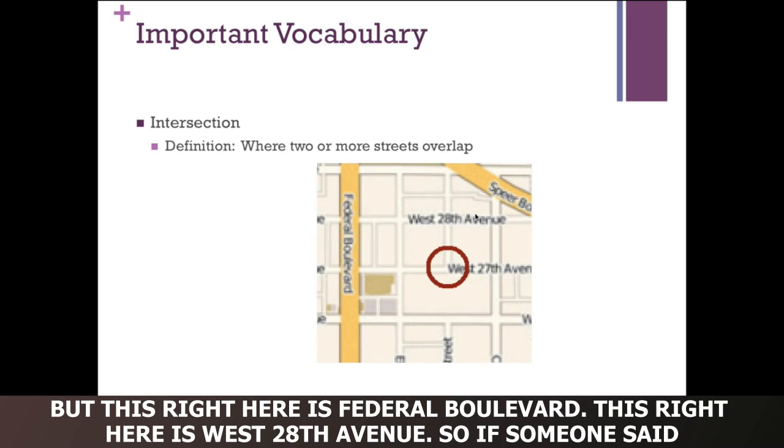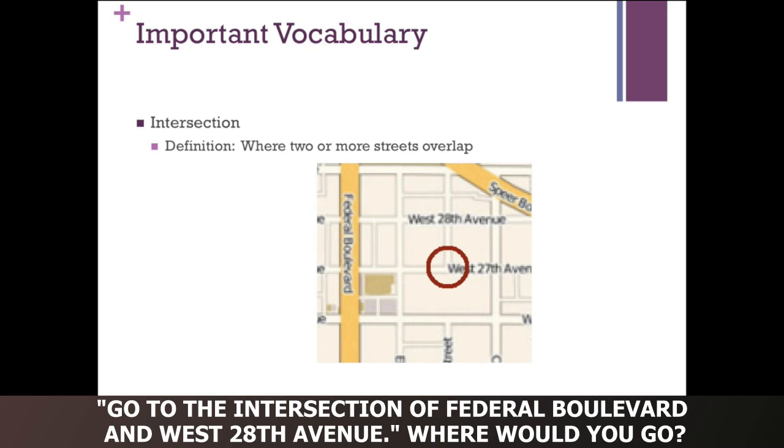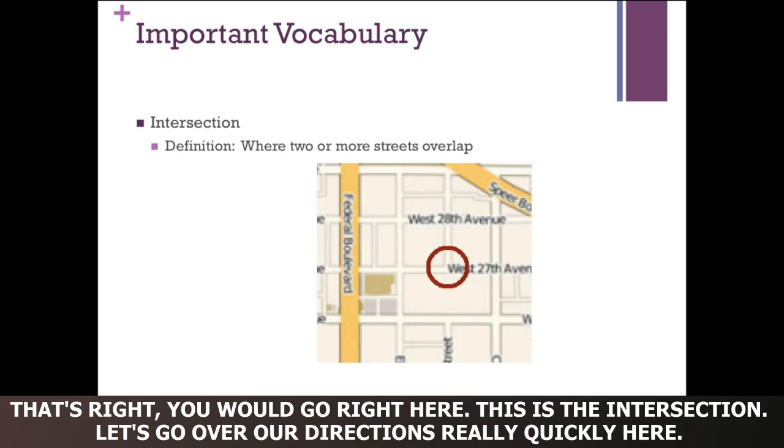This right here is West 28th Avenue. So if someone said, go to the intersection of Federal Boulevard and West 28th Avenue, where would you go? That's right, you would go right here. This is the intersection.